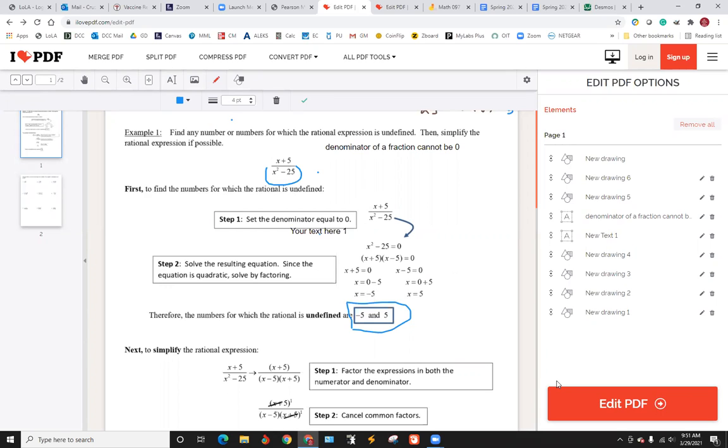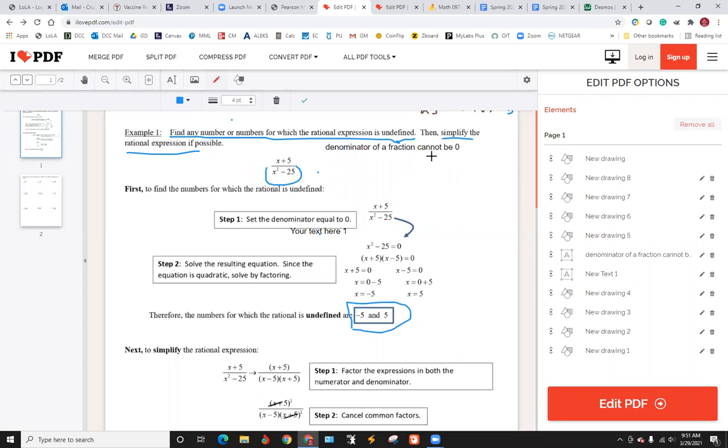Now that we got that, because that's one of the things they're going to ask you, is find any number or numbers for which the rational expression is undefined. Then simplify. Now we've done that. Now we're going to do the simplify. The simplify is paramount to what we did up here.